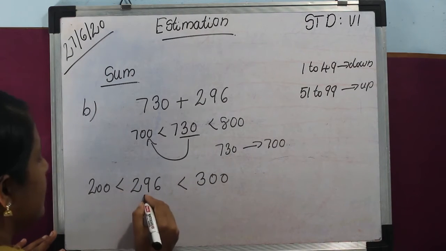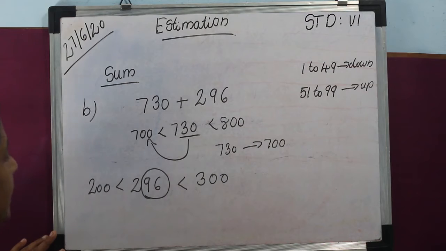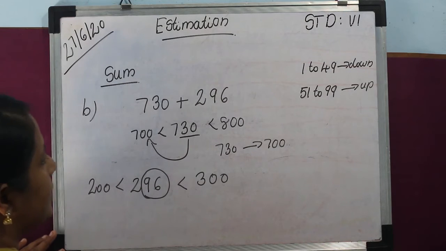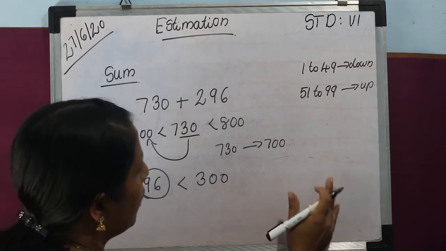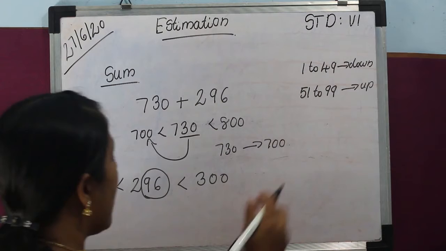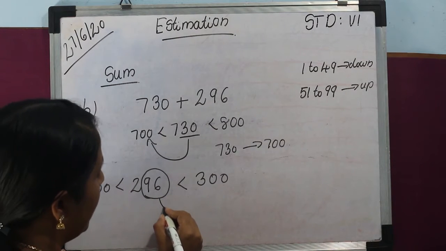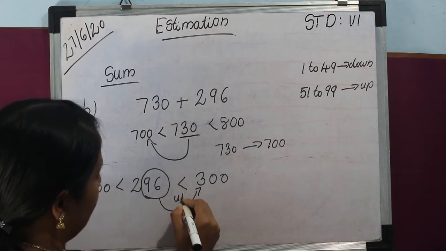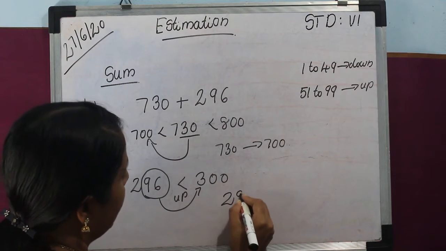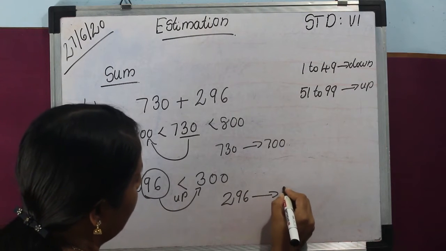Then we take the number 96. 96 is rounded up to the second number. That is, 296 is rounded up to 300.